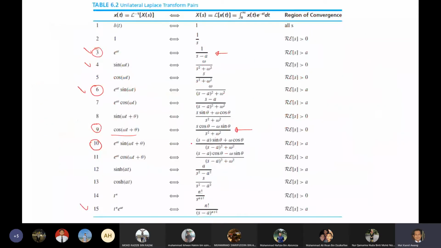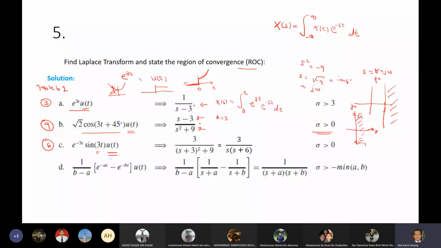So we get 3 divided by s plus 3 squared plus omega squared, so you get 3 over s plus 3 squared plus 9. So this can be simplified as this, right? Right?